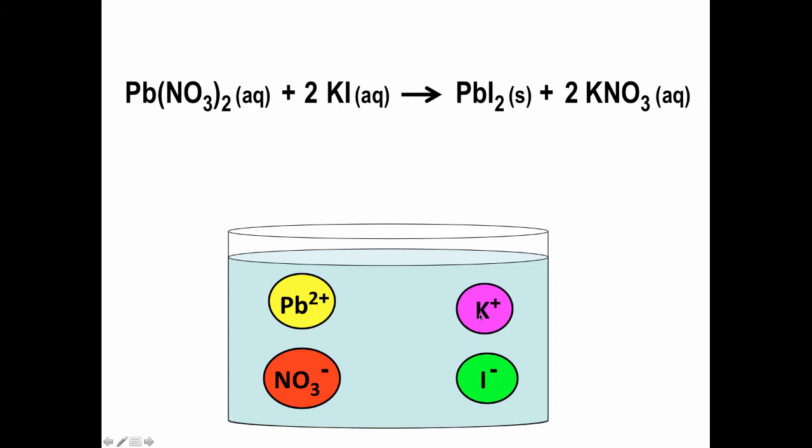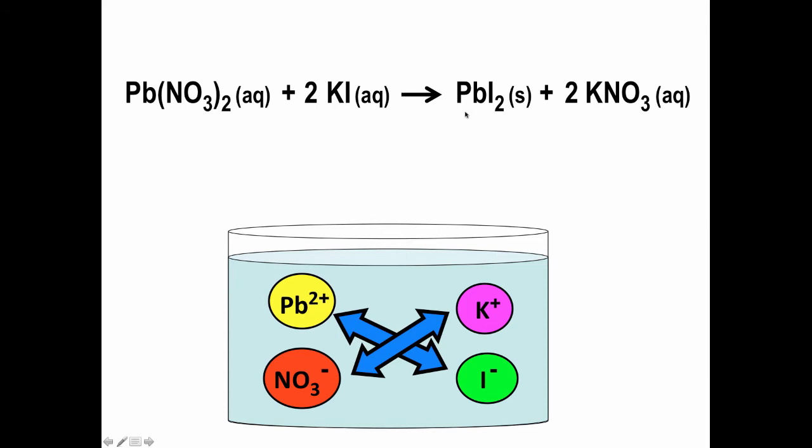And then similarly, the K plus can attract to or associate with the NO3 minus instead of the I minus that it had been in solution with.